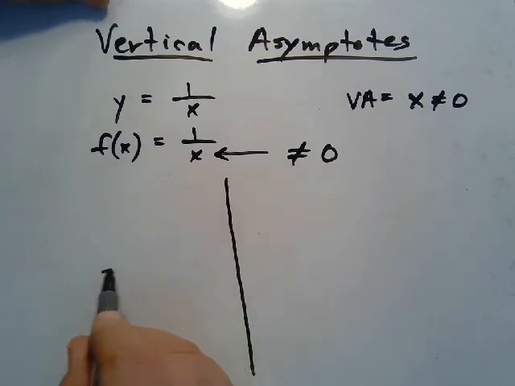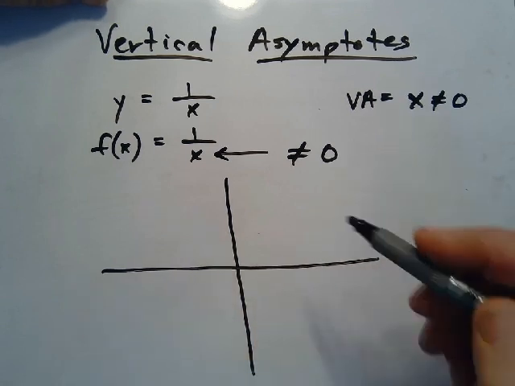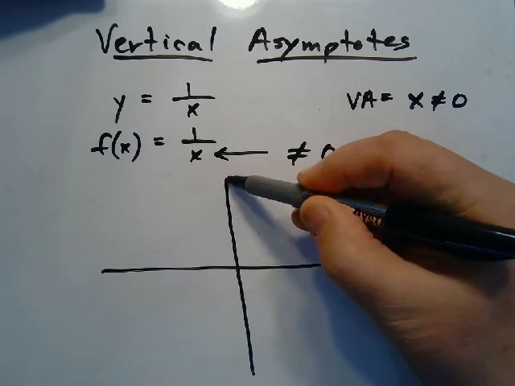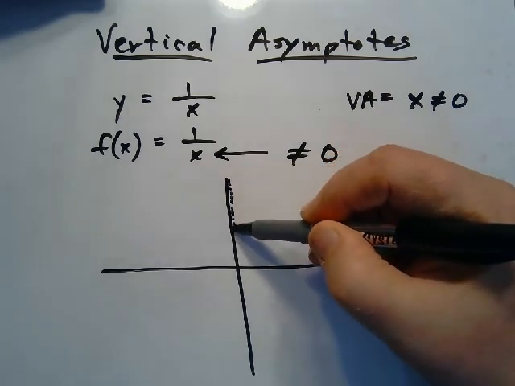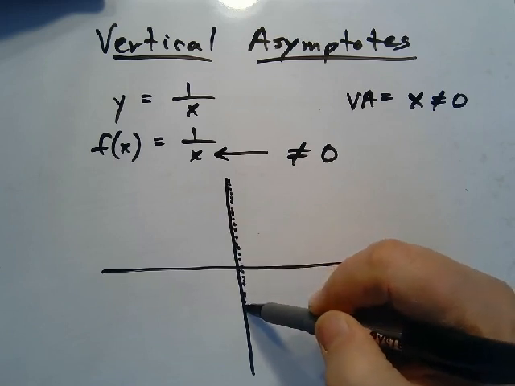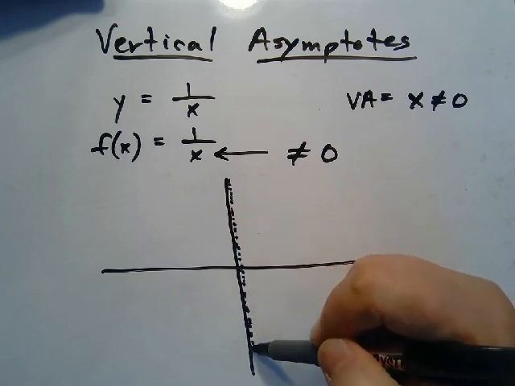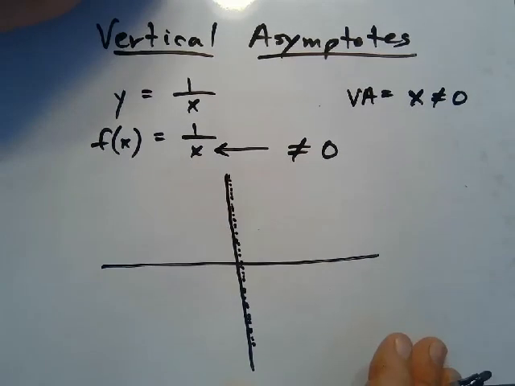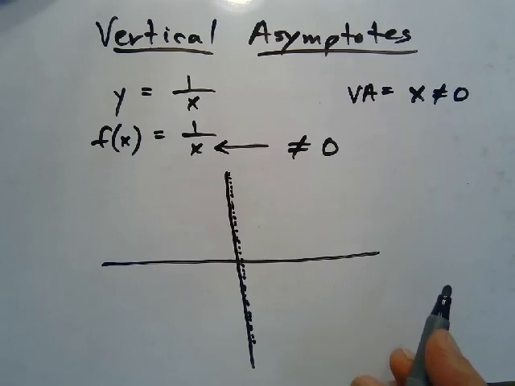Now let's go ahead and graph this. If x cannot be 0, we're going to draw that asymptote in. Now, it's going to conflict a little bit with the y-axis, so just so that I can see it, I'm going to put it right next to the y-axis as a dotted line. Okay, put it right here. It's right on top of the y-axis, and we're going to go ahead and graph it.